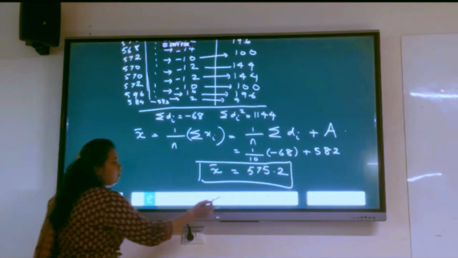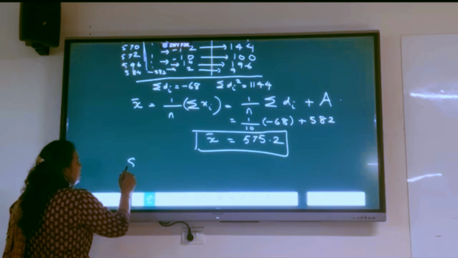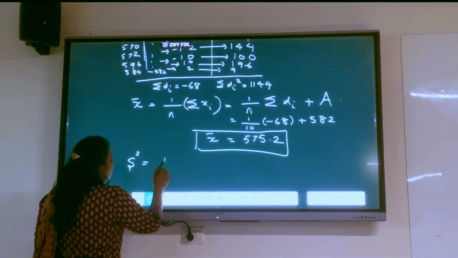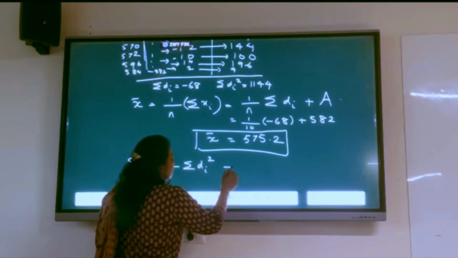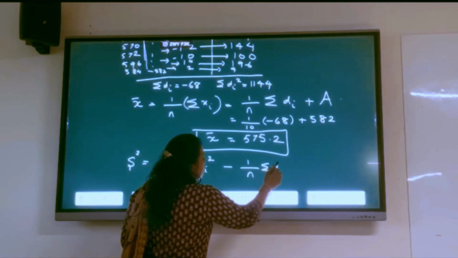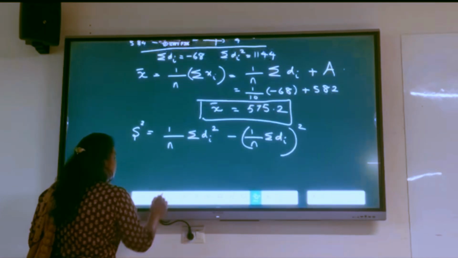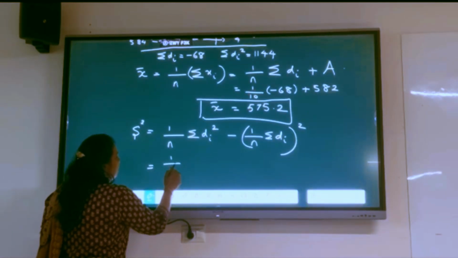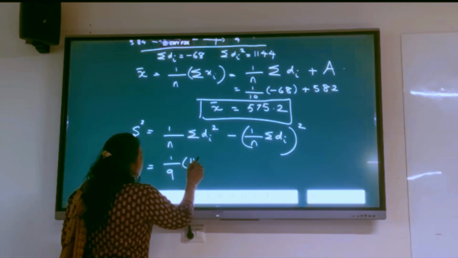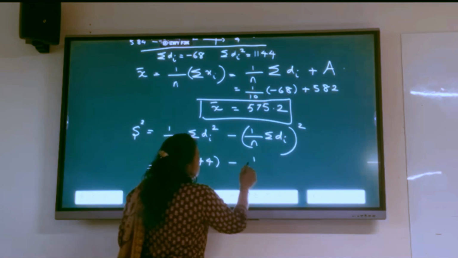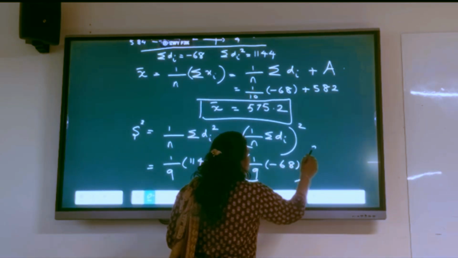Similarly, we have to calculate the standard deviation. s square is 1 by n minus 1 sigma di square minus 1 by n sigma di the whole square. So substitute the terms here: 1 by 9 sigma di square is 1177 minus 1 by 9 into minus 68 the whole square.